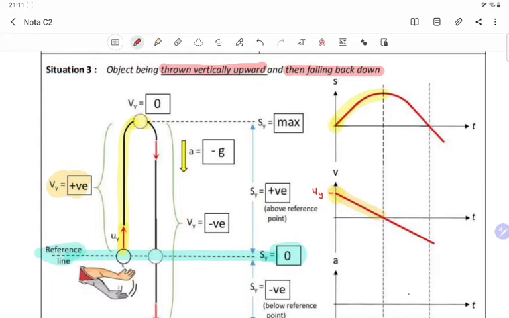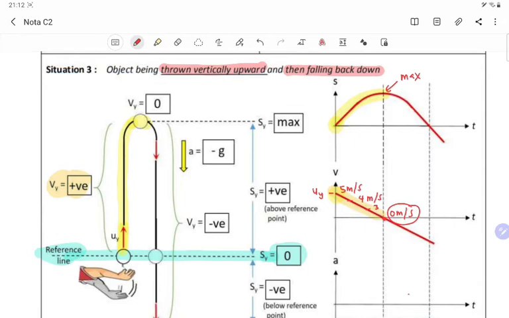Okay, sebab tu katakanlah UY awak dalam 5 meter per second, kemudian dia berkurang jadi 4 meter per second, 3, 2 dan 0 meter per second. Okay, 0 ni ketika objek tersebut berada di atas maximum height. Dia dah tak bergerak, dia berhenti.